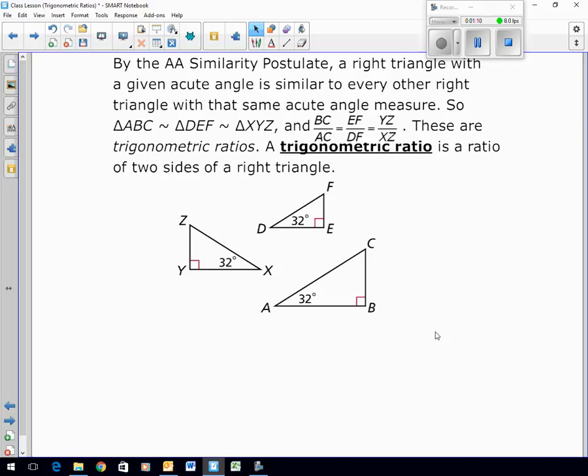These are called trigonometric ratios. Key part down there at the bottom: a trig ratio is simply a ratio of two sides of a right triangle. Two sides of a right triangle.